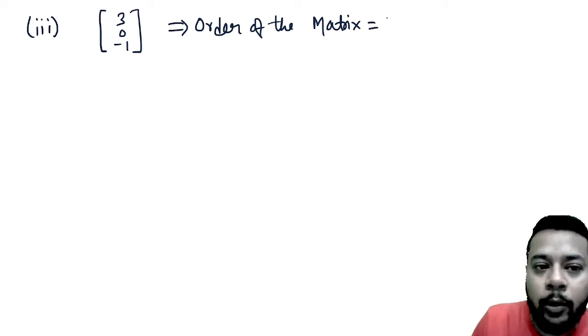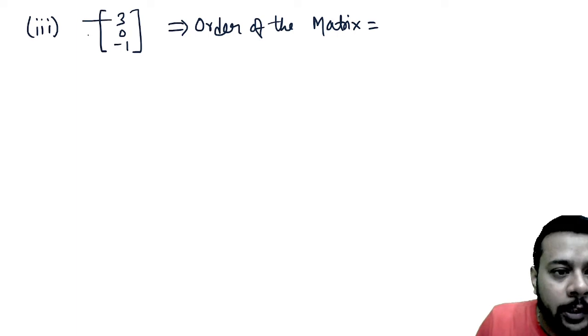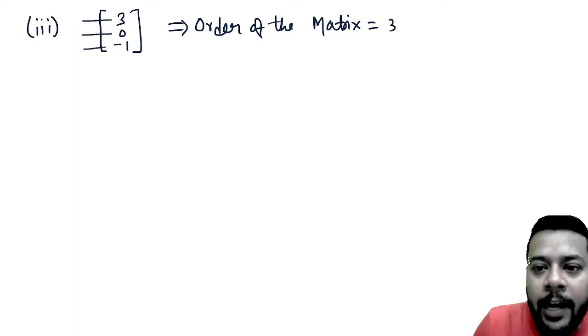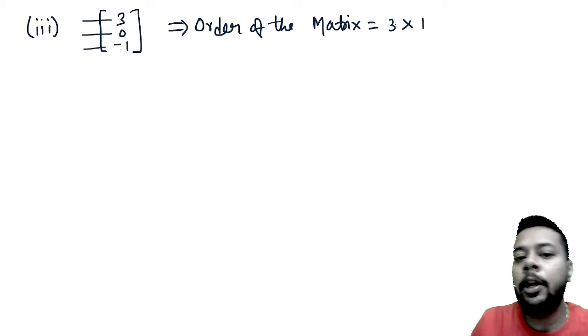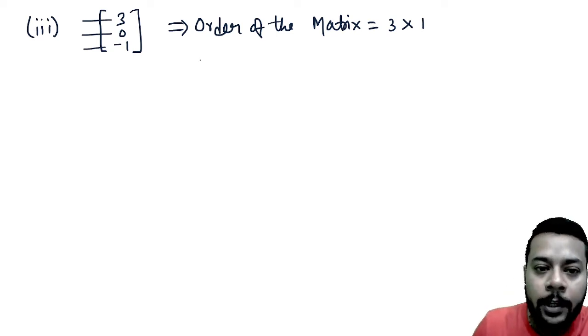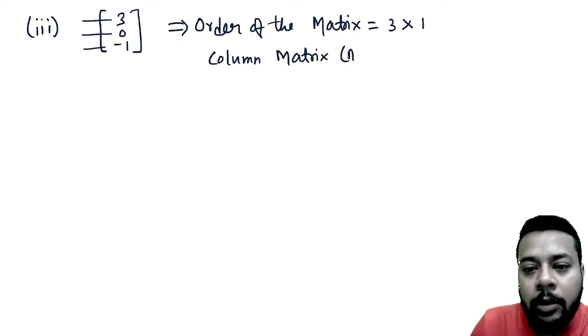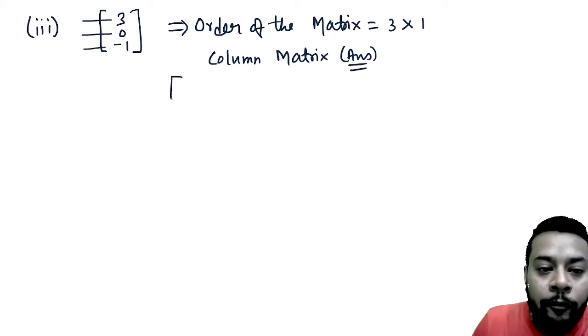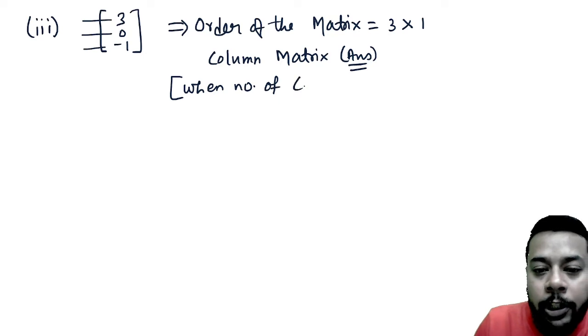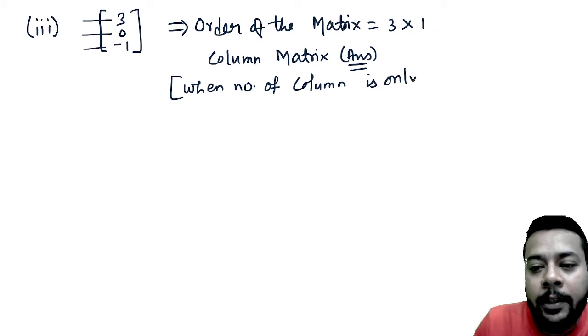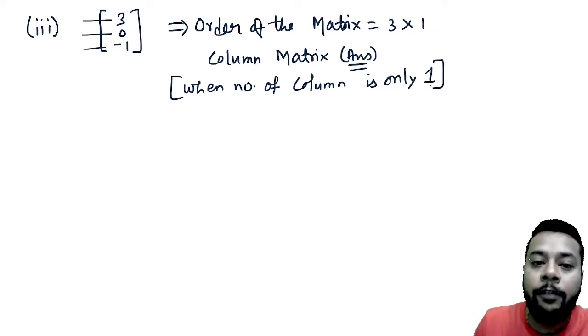You will say, sir, there are total 3 rows, 1, 2, 3, and a single column, right? So the order of the matrix here becomes 3 by 1. Such type of matrix are classified as column matrix. Remember, when the number of columns is only one, such type of matrix are known as column matrix.